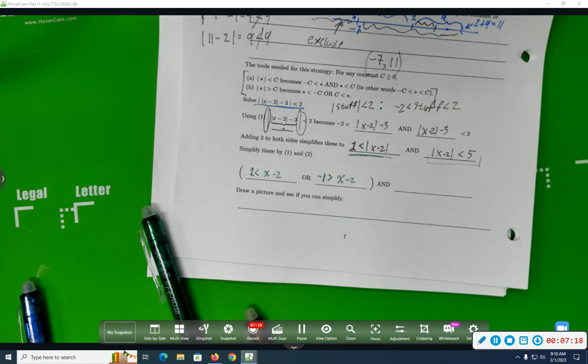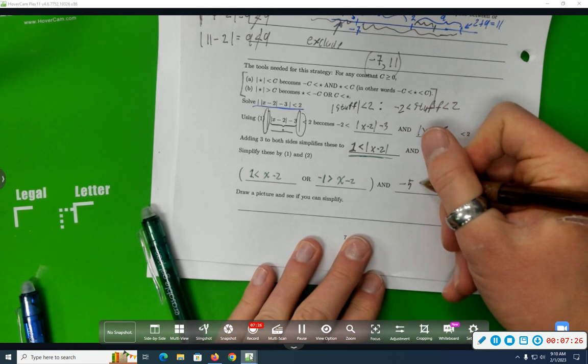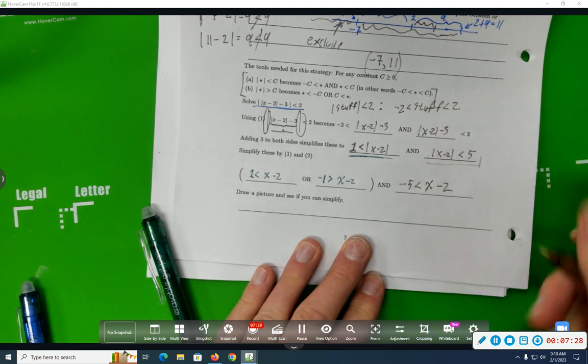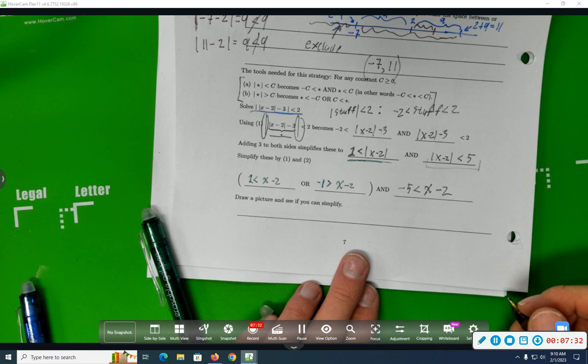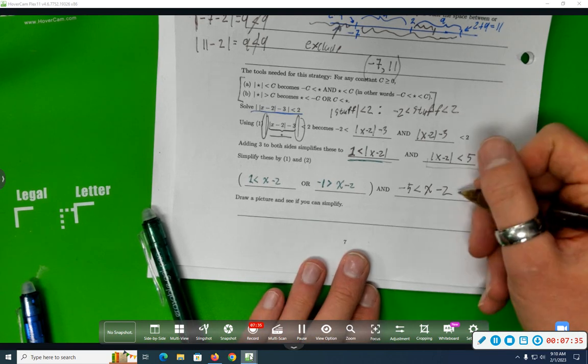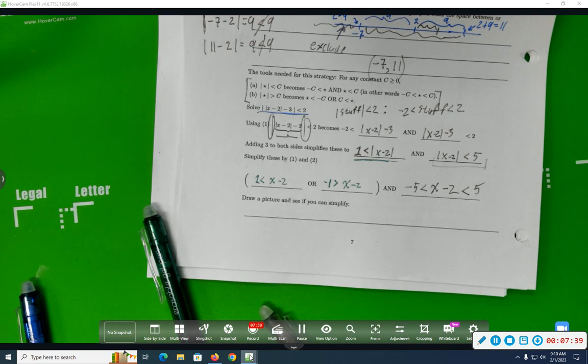Yeah, which this time I'll write as a single thing because there's no more absolute values to worry about. So I'll use the more condensed notation.